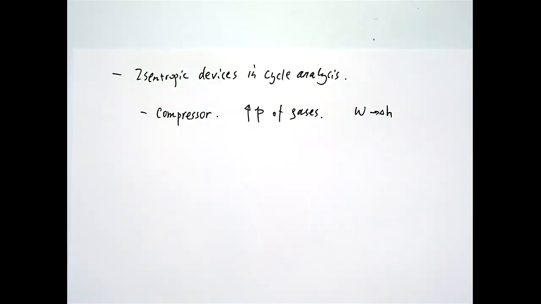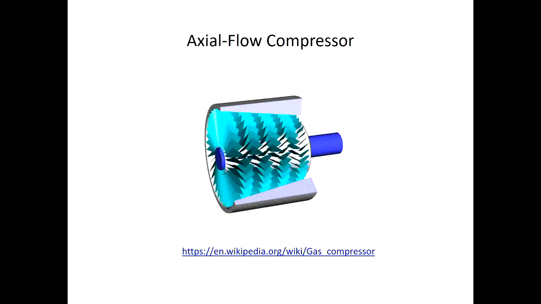One type of compressor that you can look at is called an axial compressor. This type of compressor is commonly used in gas turbines, whether the gas turbine is used for power generation or for aircraft engines.